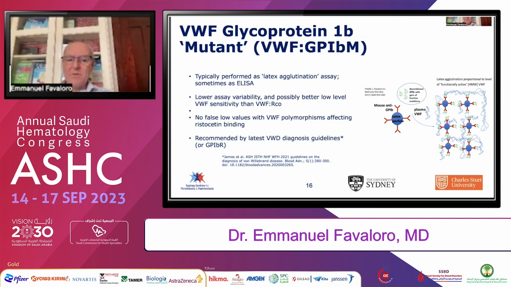Theoretically it has lower assay variability and possibly better low VWF sensitivity than the ristocetin cofactor. And in theory, there are no falsely low values from VWF polymorphisms that sometimes affect ristocetin binding. And as I said, it's recommended by the latest VWD diagnosis guidelines. I'm showing you the cartoon on the right of the automated glycoprotein 1bM assay.